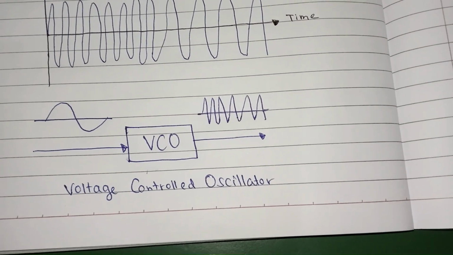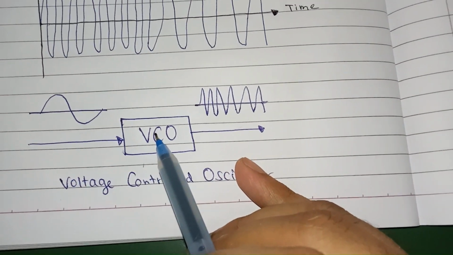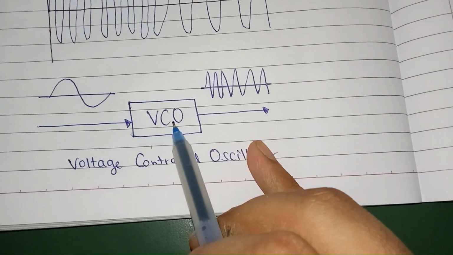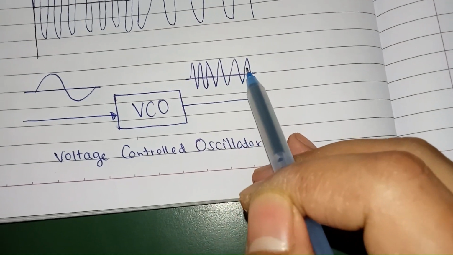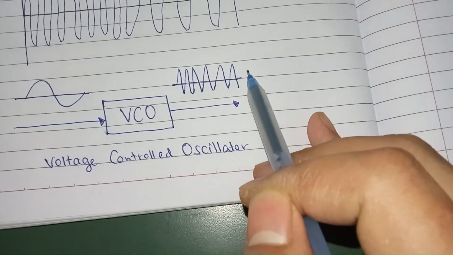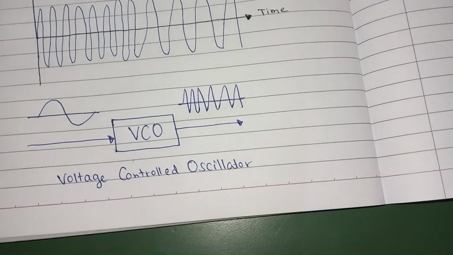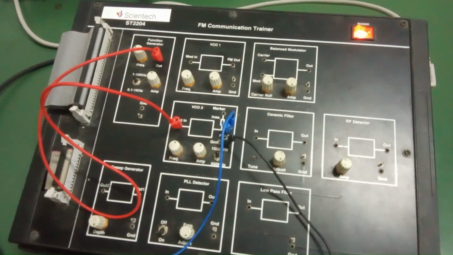The bottom diagram shows a voltage controlled oscillator, VCO. The modulating signal is fed into the VCO, which controls the carrier wave's frequency. As a result, the output of the VCO is the FM signal, where the frequency varies in accordance with the input modulating signal. So let's begin with the first experiment.